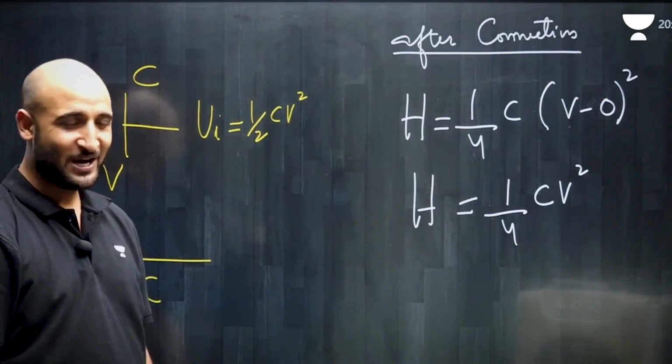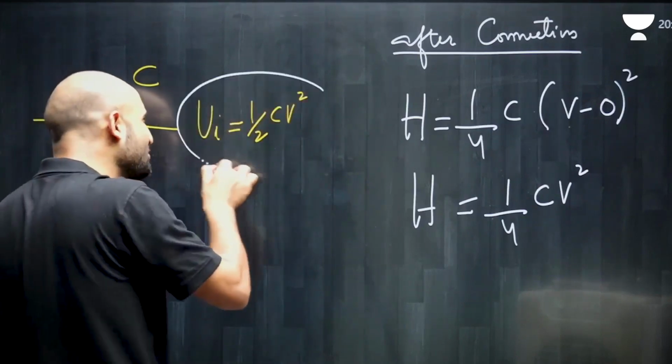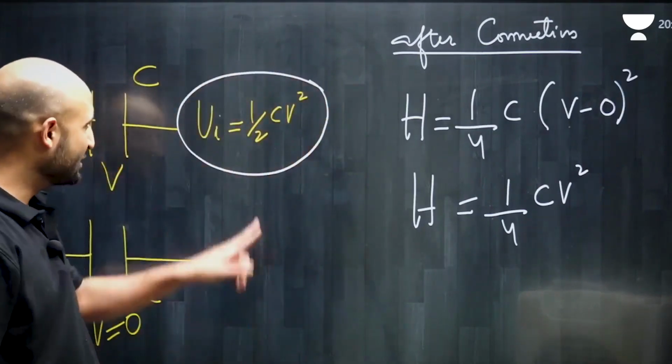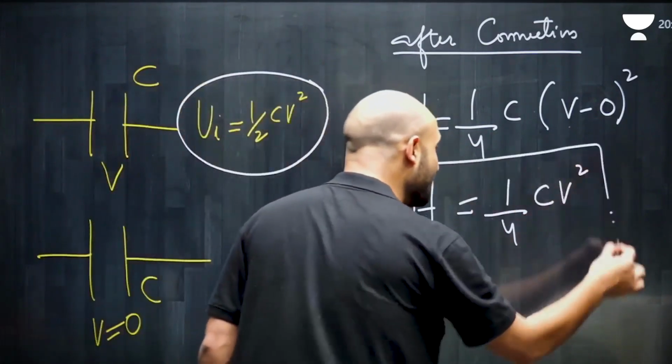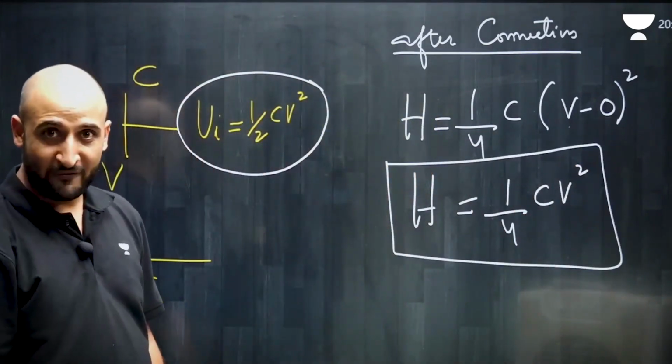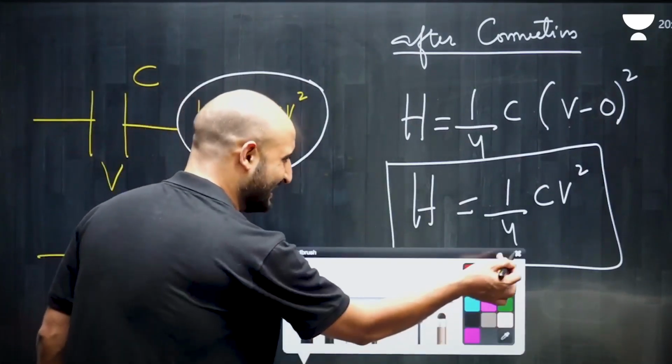All right. Now, understand one thing. What was the total initial energy? It's 1 by 2 CV square. What is the amount of energy lost? It's 1 by 4 CV square. Can I put it like this?